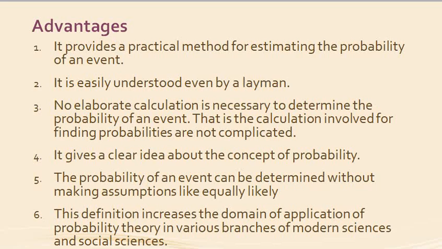So it gives a clear idea about the concept of probability. The probability of an event can be determined without making assumptions like equally likely. Again, this definition increases the domain of application of probability. Therefore, in various branches of modern sciences and social science, we can apply it.